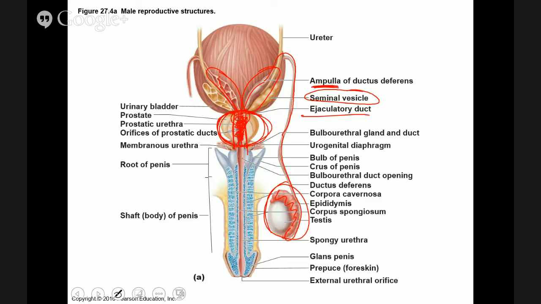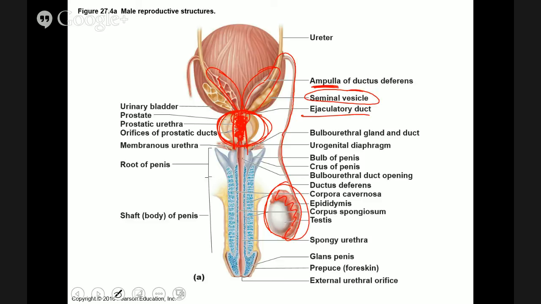So it's not atypical for older men to have difficulty urinating, or it takes them a long time to urinate, because the opening through which the urine passes from the bladder into the urethra is narrowed.